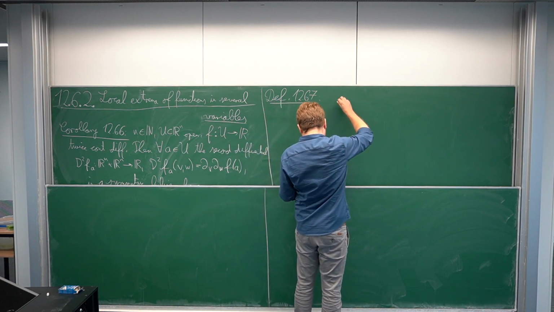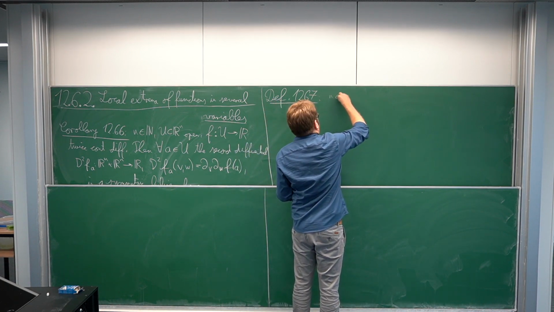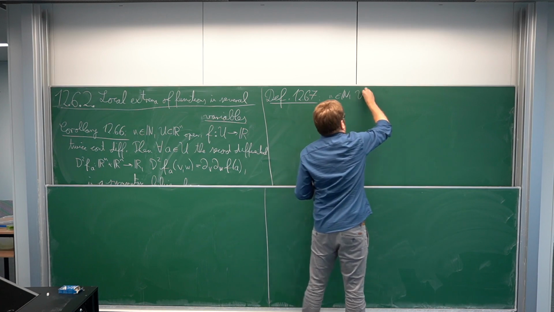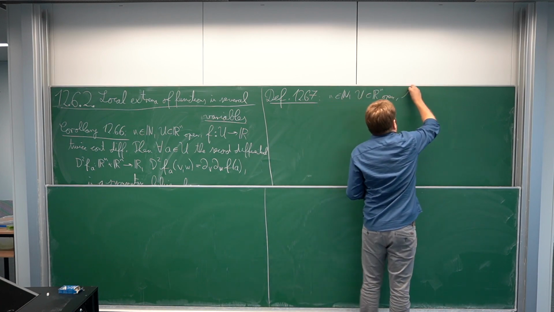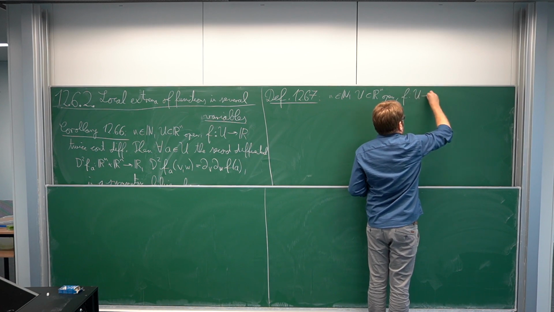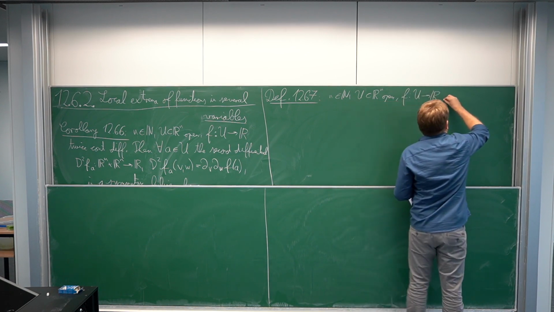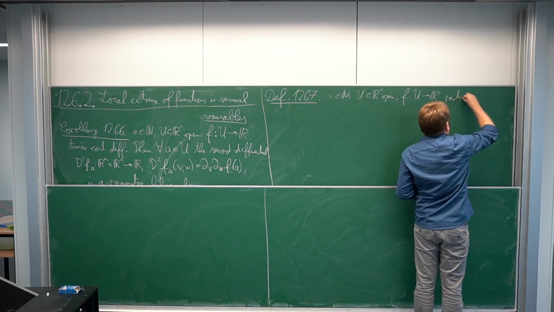So in the same setting, basically, n in N, U subset of R^n open, f from U to R, but this time we only assume that f is partially differentiable. For this definition, that's enough.